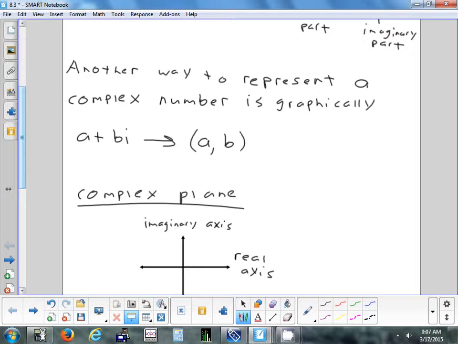We call one the real axis and one the imaginary. But if you think about it in your head in terms of X and Y, it's basically just like graphing a point. Okay, so A represents movement horizontally, what normally is your X, and B represents movement vertically, which is what is normally your Y.